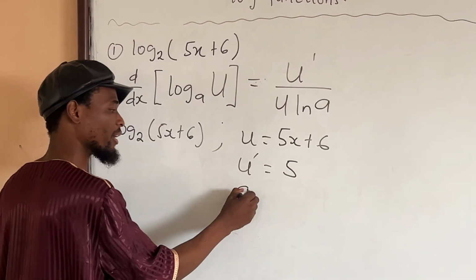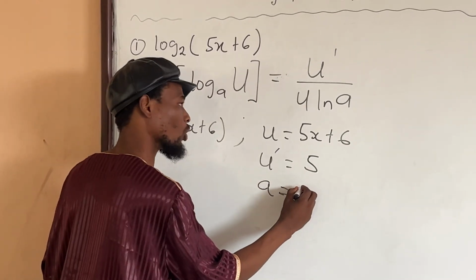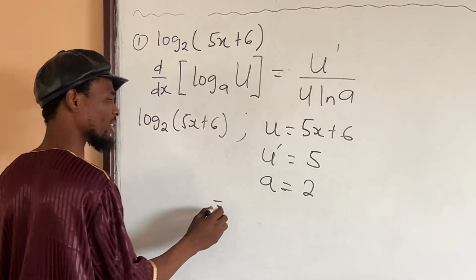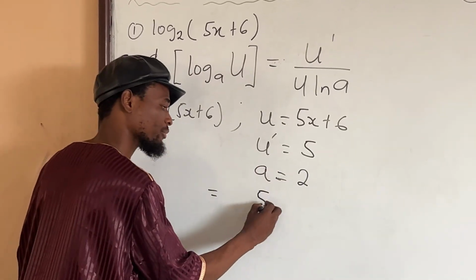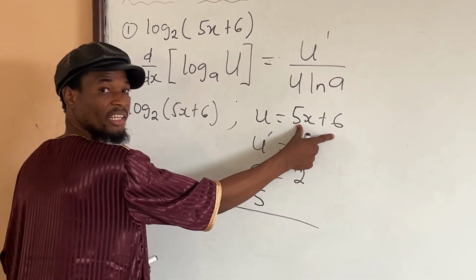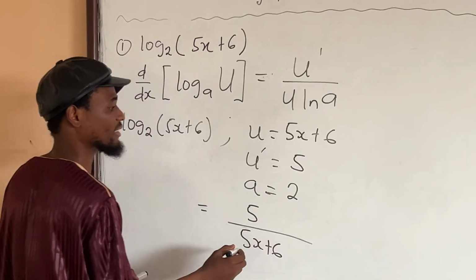Good. And what is our a? Remember, a is the base, which is your 2. As simple as that. So your final answer will be u differential. U differential equals 5, then all over u. What is your u? U is this expression, 5x plus 6.